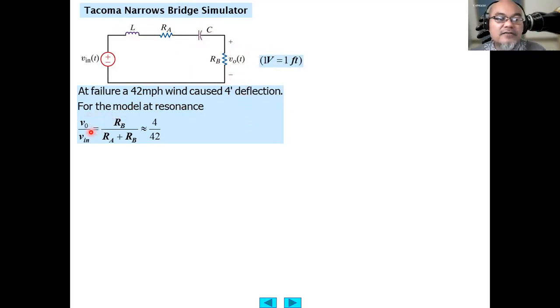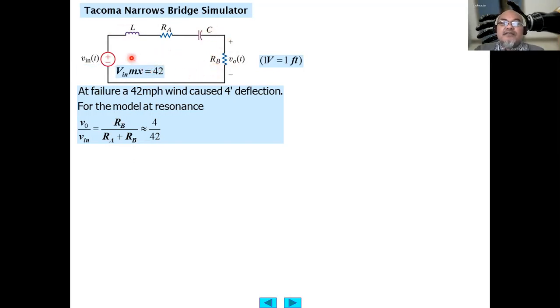Then the model at resonance: V output divided by V in equals the 4 feet deflection over 42 miles per hour, which equals RB divided by RA plus RB. Remember, this is at resonance, so the contribution from the reactances is 0.